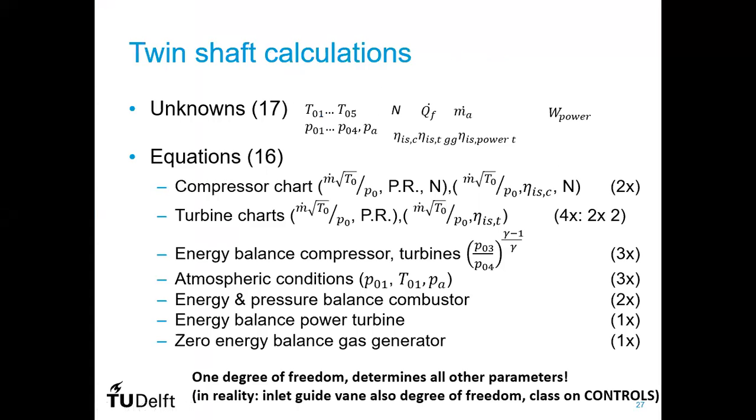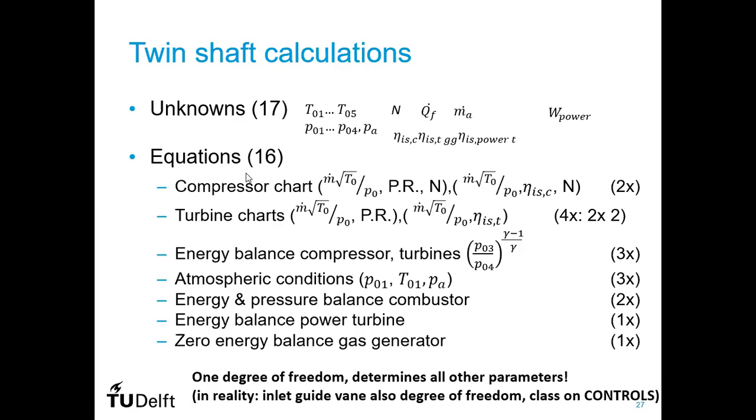So if you have the twin shaft calculation, well, we just had the single shaft calculation. If you go to the twin shaft, I worked them all out here, and we won't go into detail, but you can find out that you will have about 17 unknowns. And then if you work out all the equations, you will have 16 equations.